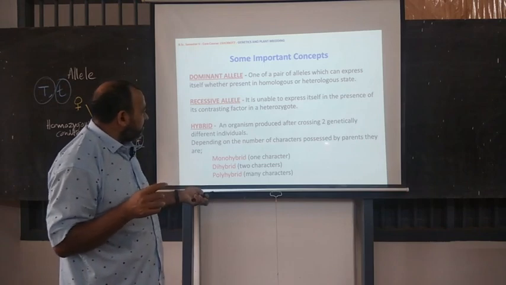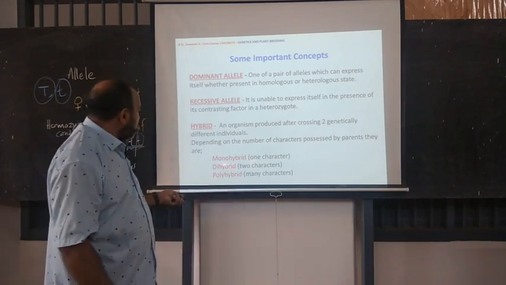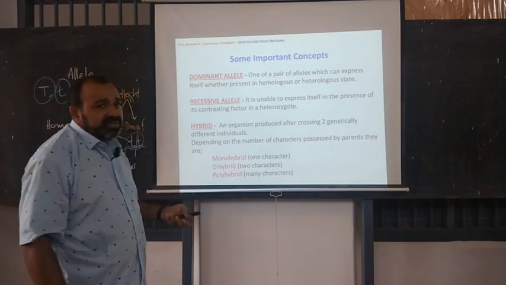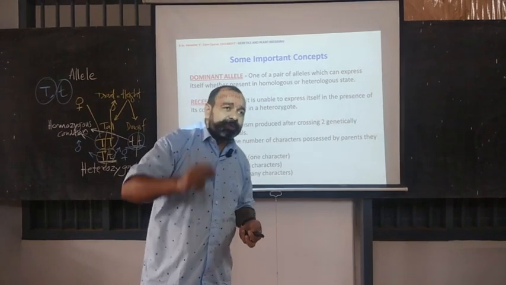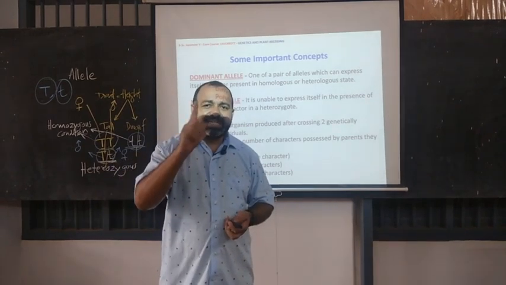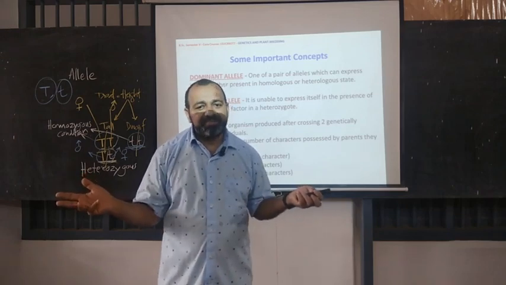Depending on the number of characters considered, they are monohybrid, dihybrid, and polyhybrid. In a breeding experiment, we are looking at only a single character, for example, color of the flower.